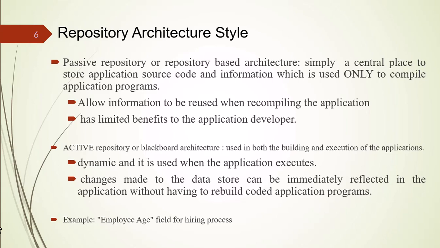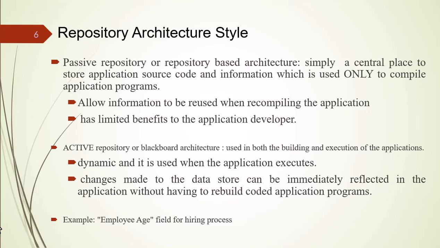It allows information to be reused when compiling the application, as I explained in the example, and has limited benefits to the application developer. Active repository or blackboard architecture, which is the second category, is used in both the building and execution of applications.